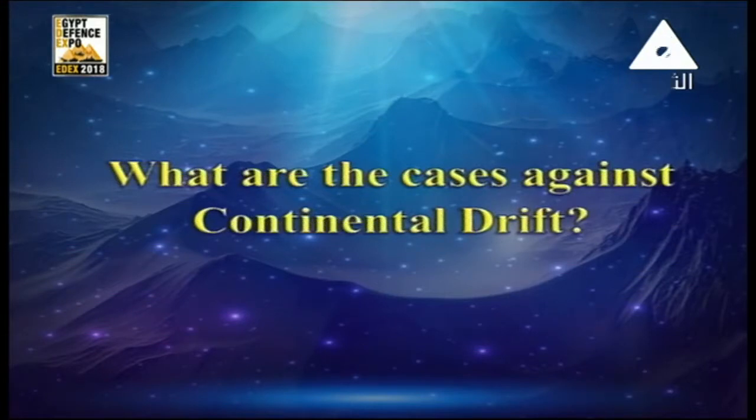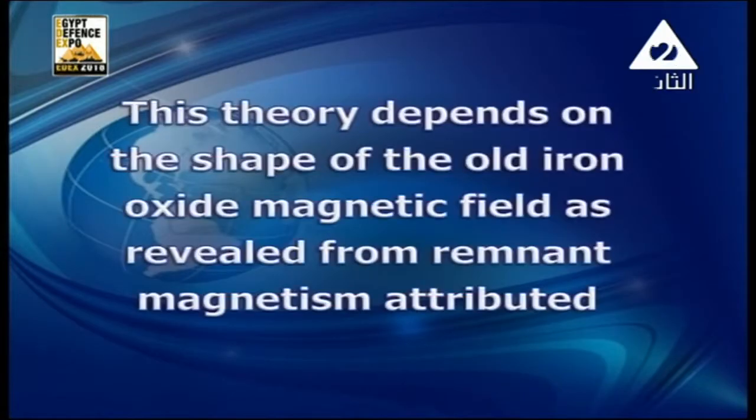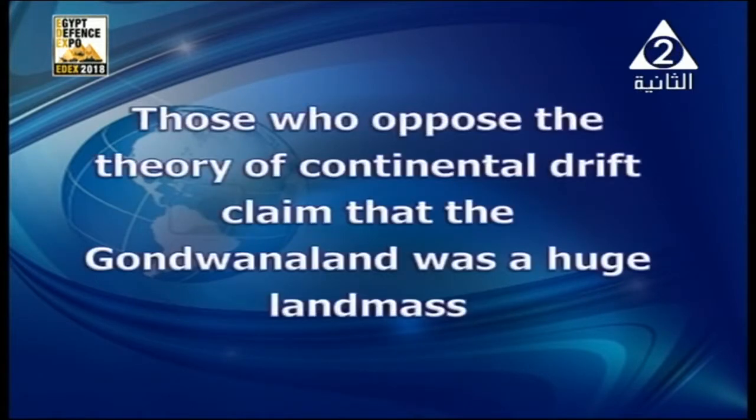What are the cases against the continental drift? As you see, my dear students, we have many clues for this theory, but on the contrary we have some thoughts against this theory. This theory depends on the shape of the old iron oxide magnetic field as revealed from remnant magnetic attributes.